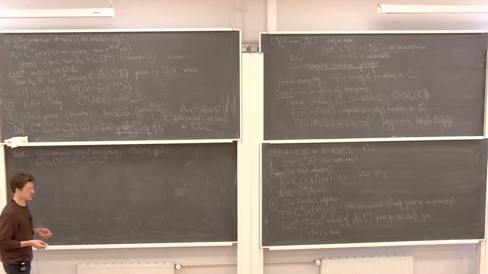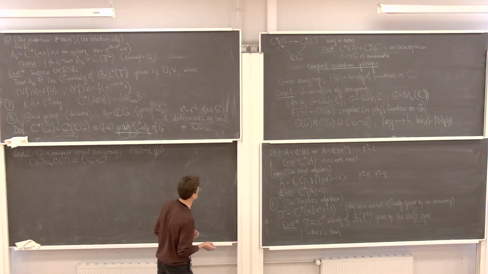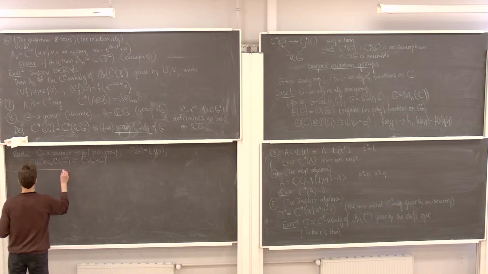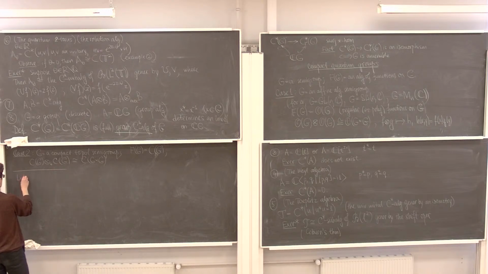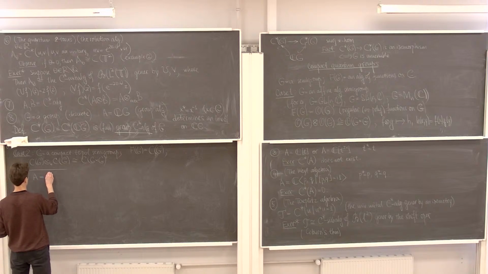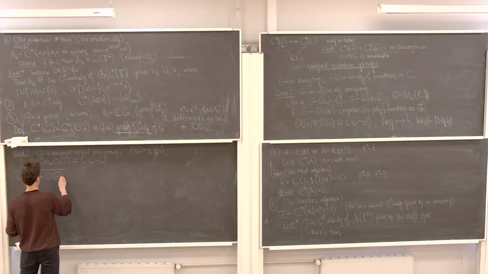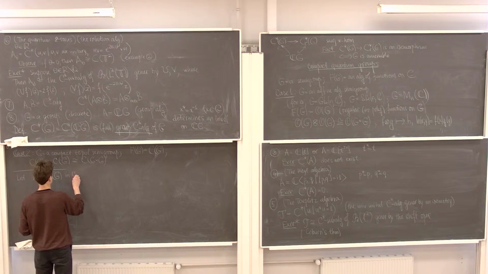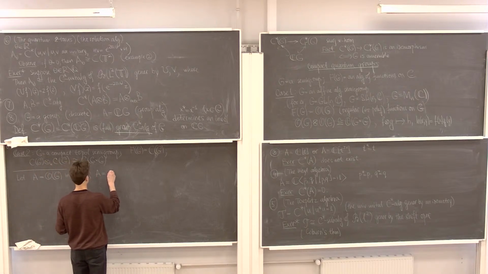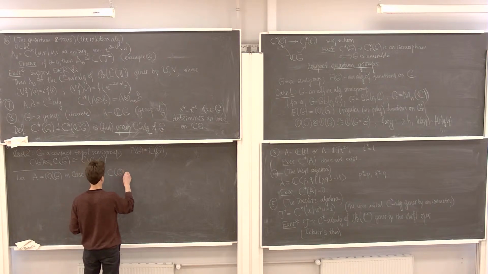So it will be convenient to consider both cases simultaneously. So let A be the algebra of regular functions on G in case 1, and let A denote the algebra of continuous functions in case 2.